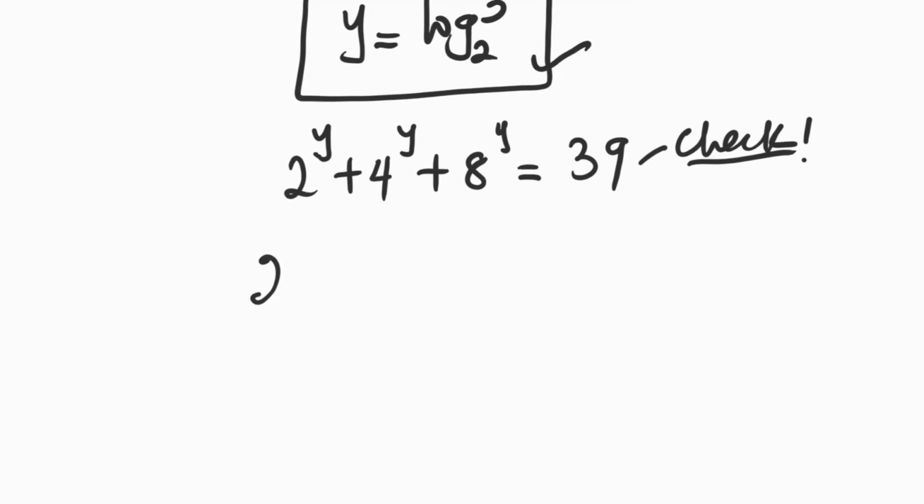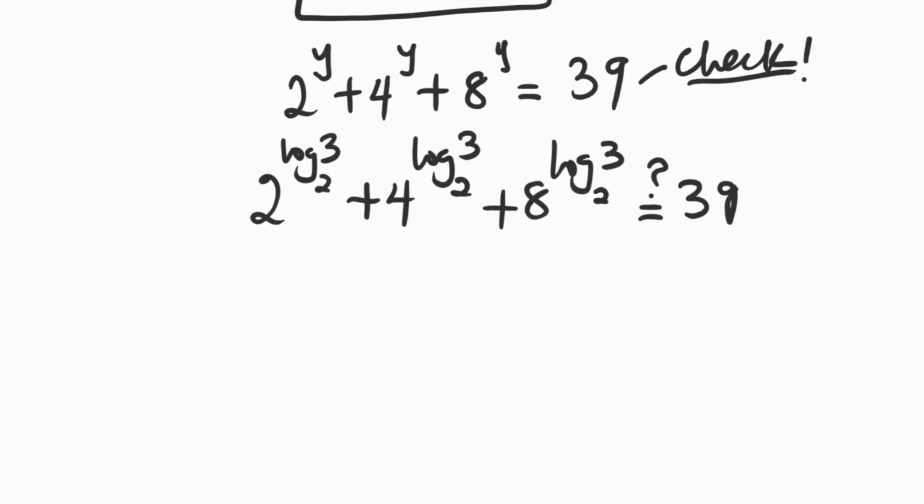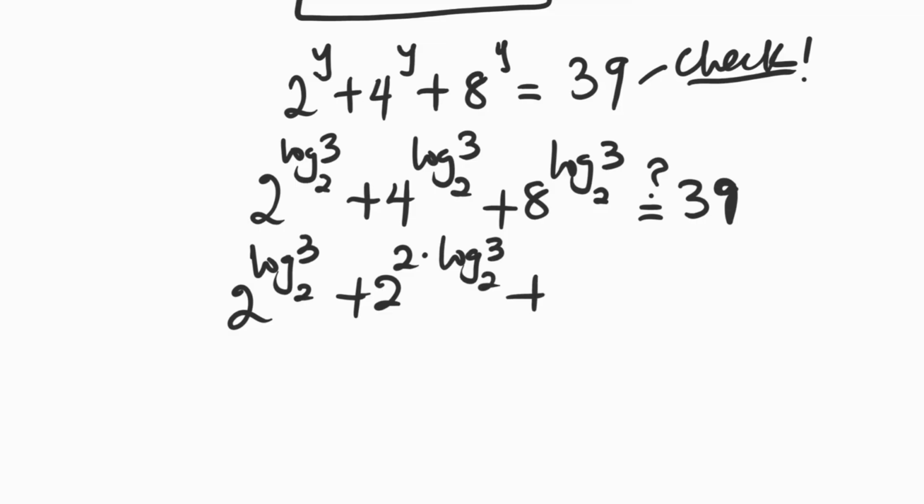So here we have 2 raised to the power log of 3 base 2, plus 4 raised to the power log of 3 base 2, plus 8 raised to the power log of 3 base 2, and we're trying to find out if that's equal to 39. Now, we have 2 raised to the power log of 3 base 2, plus 2 squared raised to log of 3 base 2, plus 2 cubed raised to log of 3 base 2. Is that equal to 39?